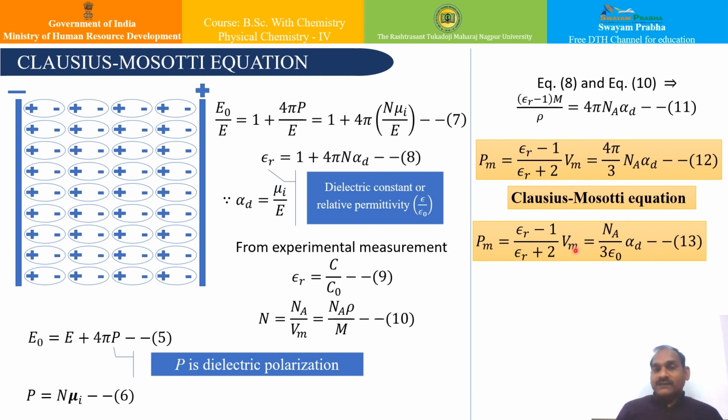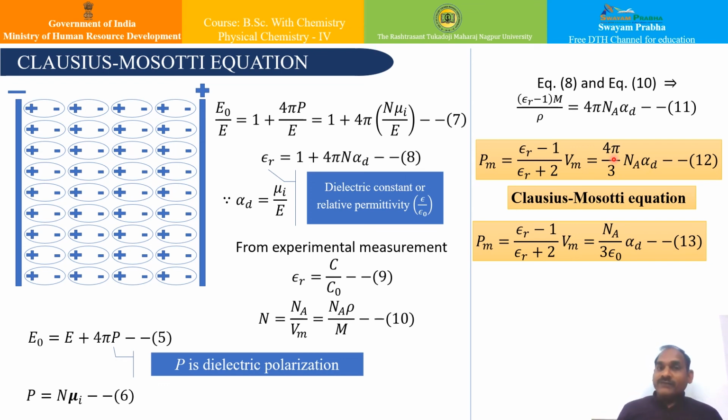Now herein the distortion polarizability is a characteristic constant of a molecule, and therefore the molar polarization Pm, according to equation 12, should be a constant independent of density or temperature.